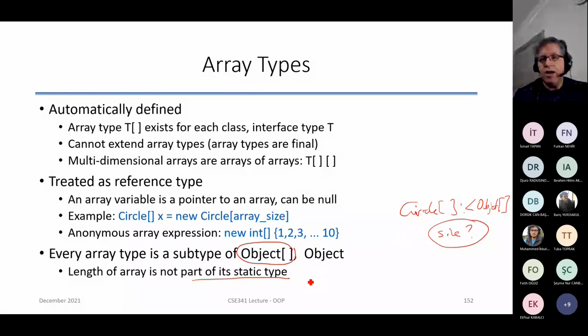So this is going to be a dynamic part of it. So when we look at static typing, if we need a subtype relationship between one object array and another object array, then size is not going to be an issue or part of the static type checking.